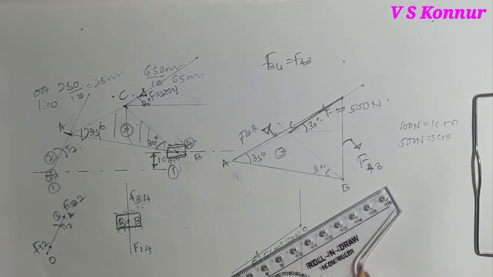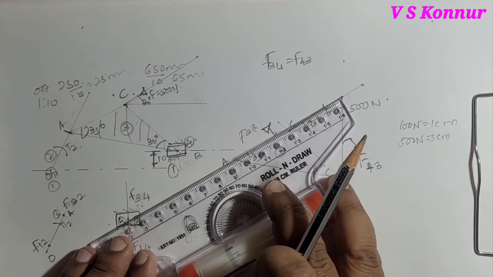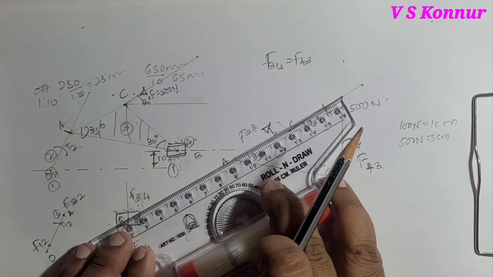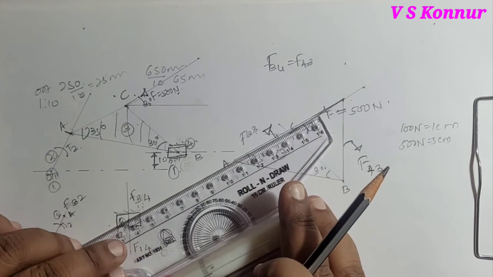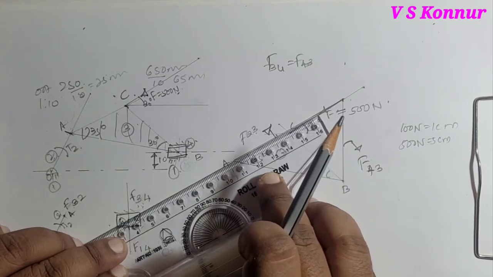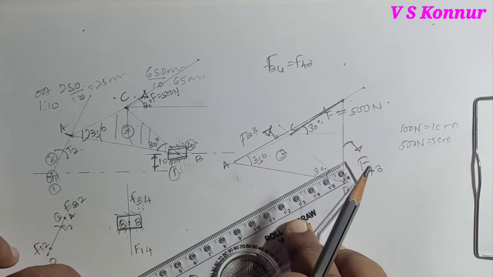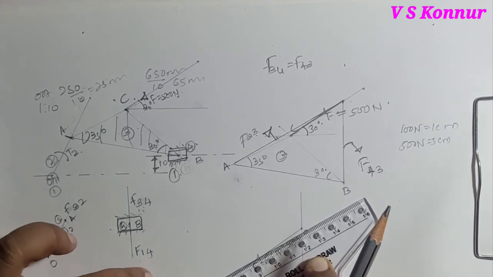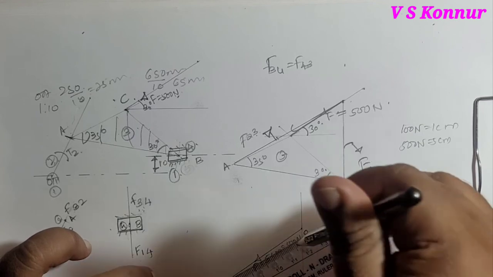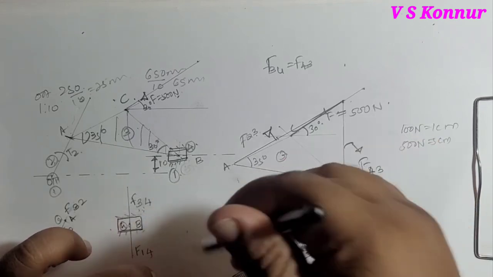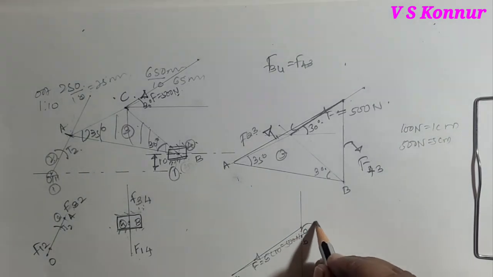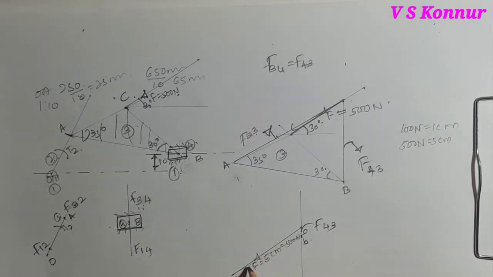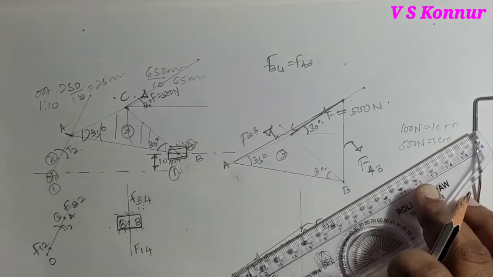From A point we'll transfer that force. So once again we'll take this distance, so it should not alter. If it alters, the error will be high. So we'll transfer this force here. Wherever it intersects, that point is called as B, and this force is F43, and the below force is F23, and the distance you have to measure here for F23.